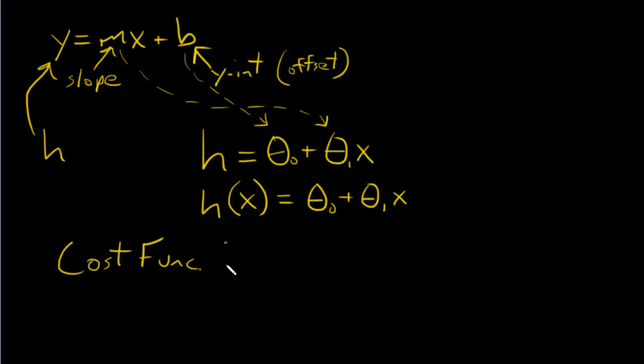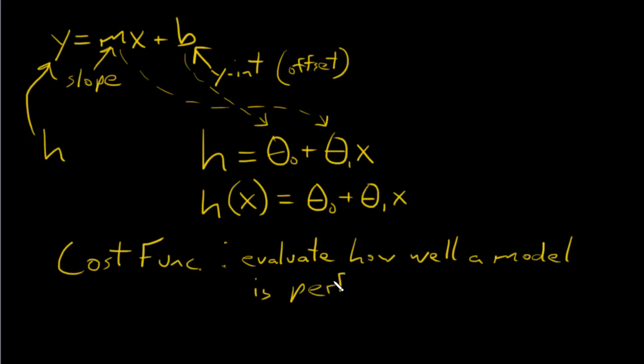Its sole purpose is to evaluate how well a model is performing. Okay, so we're looking to develop a cost function that will tell us if our model is doing a good job or a bad job at predicting house prices.